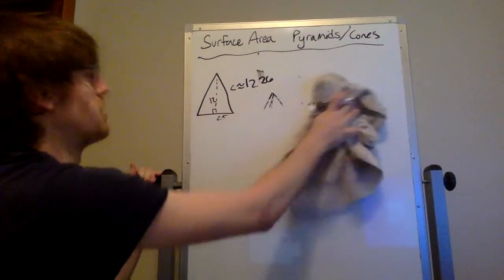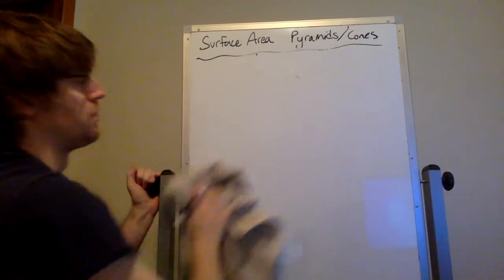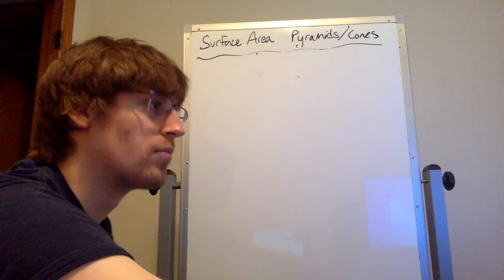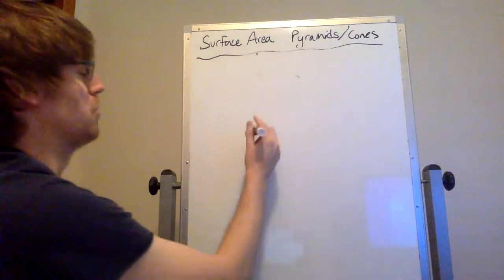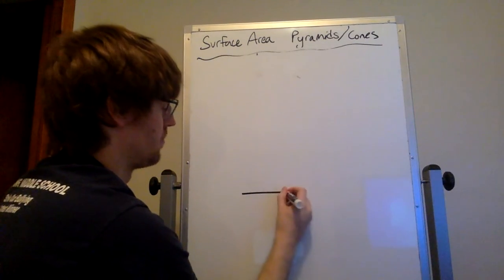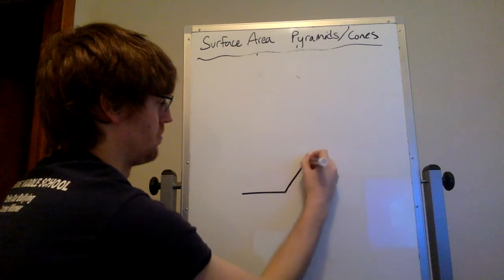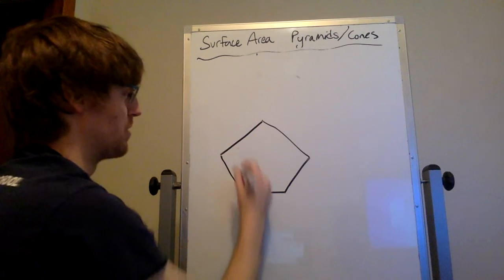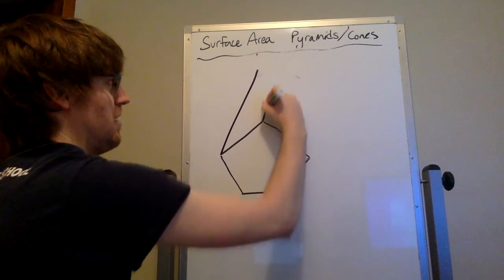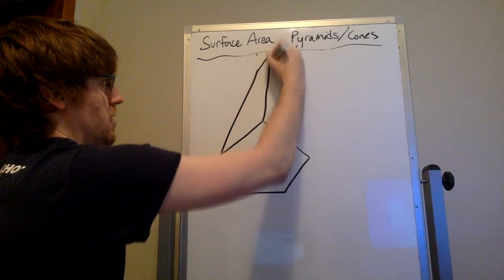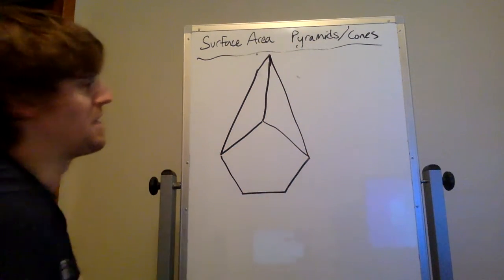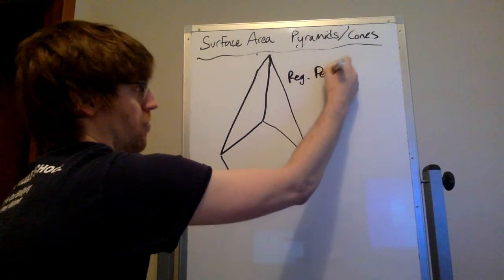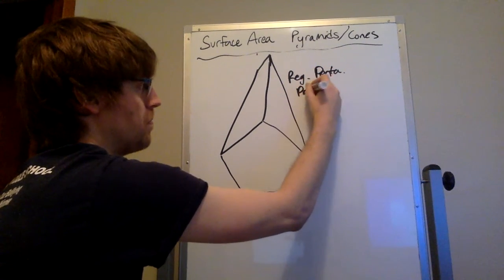So that was the quote-unquote easy one. Now let's do a tough one. I'll be really mean. I don't know how to draw this, so I'm just going to do this. It's a regular pentagonal prism.